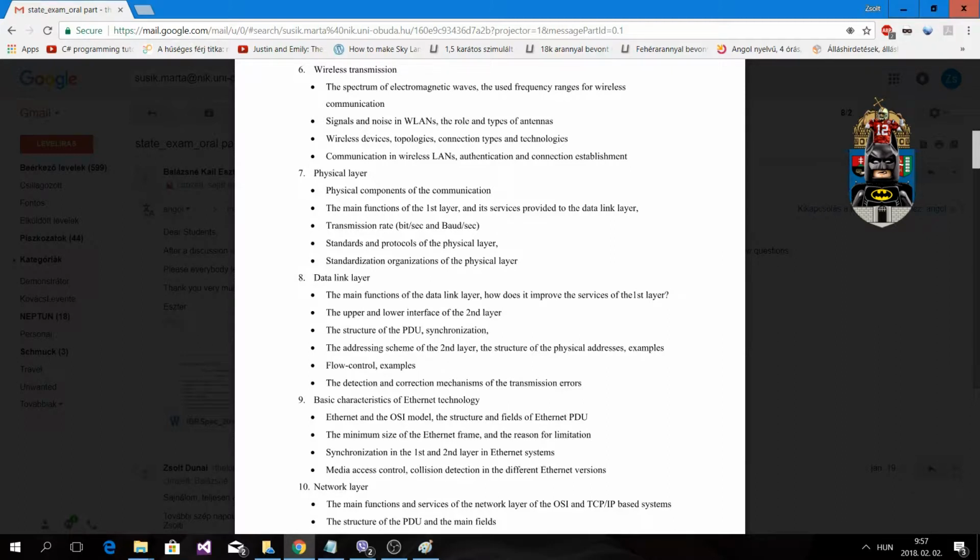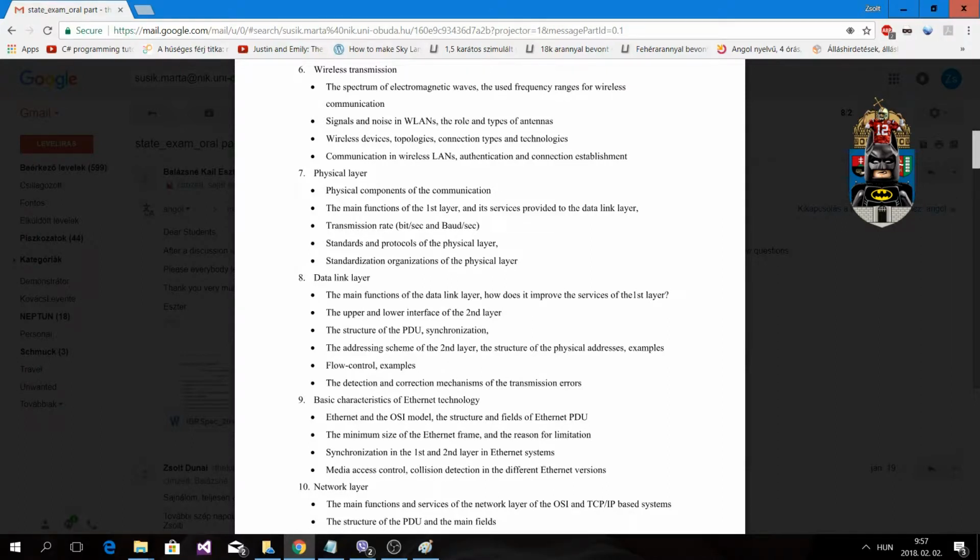The transmission rate, bit per second and baud per second, is really easy. The bit per second is of course how many bits a physical medium can transmit in a second.